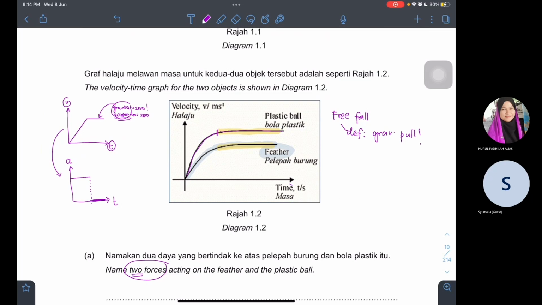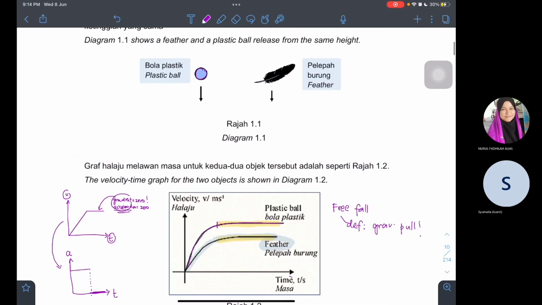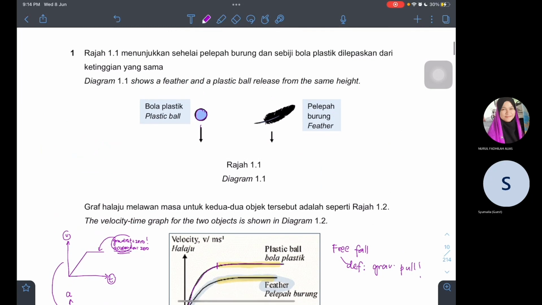Jadi kat sini obviously this object dia ada a force pulling it downward. Betul tak? Anything. So sekarang ni whatever in front of you, you jatuhkan dia, mesti dia akan jatuh turun ke bawah. Dia takkan tiba-tiba terapung kan? Sebab kita tak duduk dekat outer space. Kan? Dalam bumi ni, kita akan sentiasa ada gravitational pull.